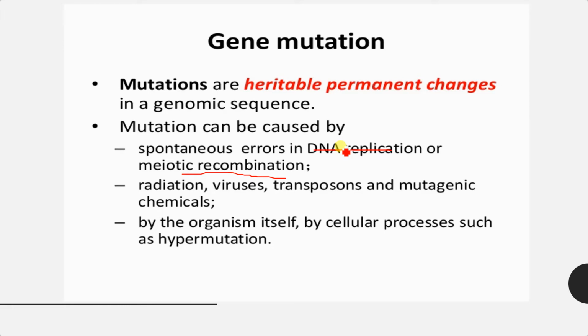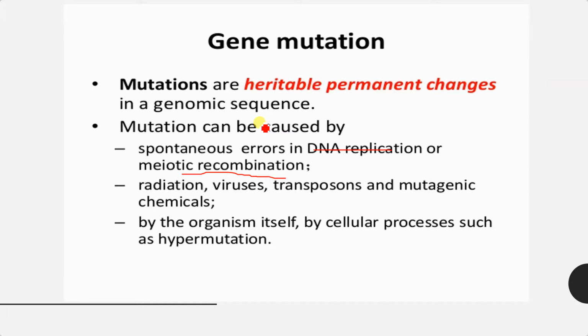If by any mistake there is a problem in proofreading as well as in post replication repair, then this may lead to mutation, and that class will be considered as errors in replication. Spontaneous changes may also result in mutation.